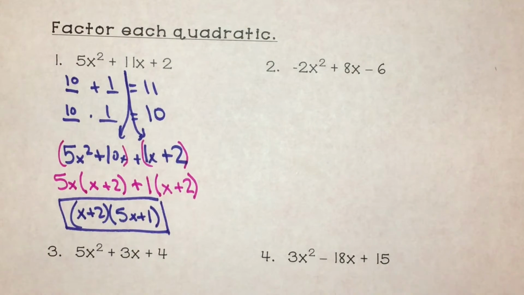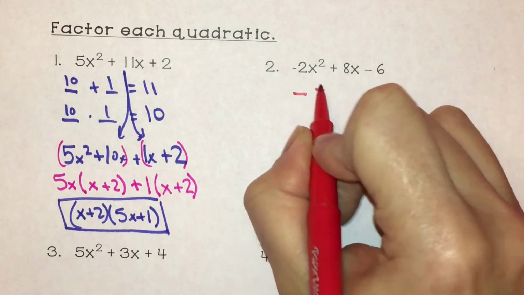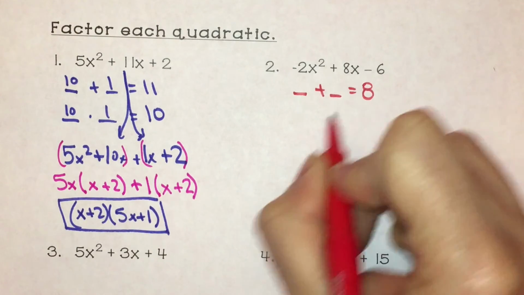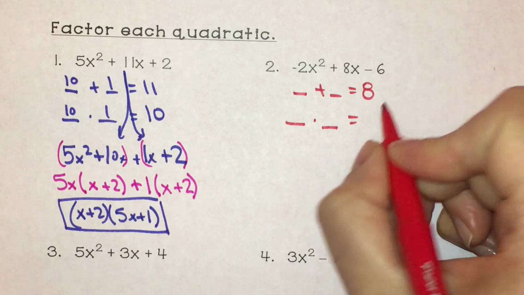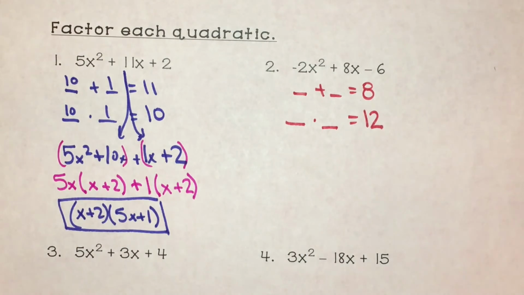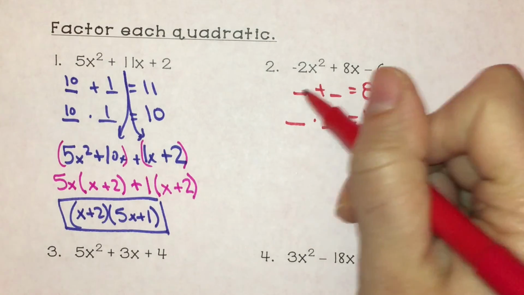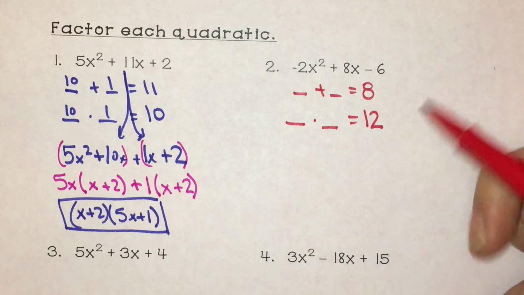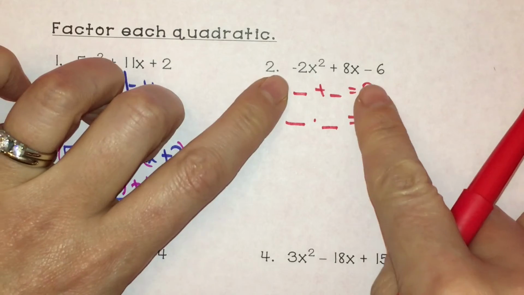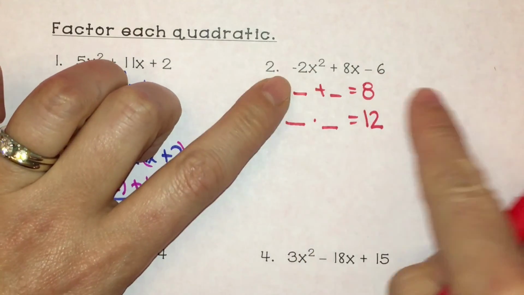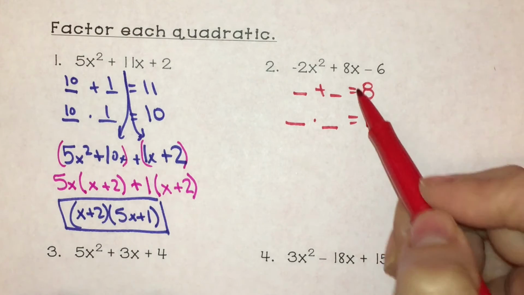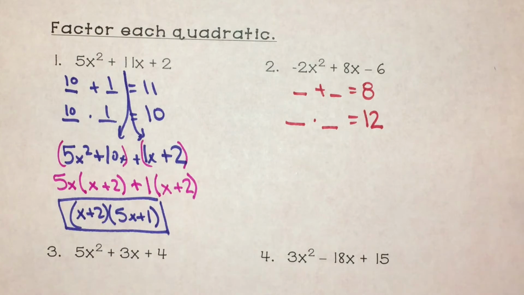All right, number 2. We need to see what adds together to equal 8, multiplies together to equal -2 times -6 is positive 12. Okay, in this case, they're both going to be positive. And you might be confused because you say, well, in our problem up here we have negatives, but it's okay, the negatives will be taken care of. This is just to break down that middle term.